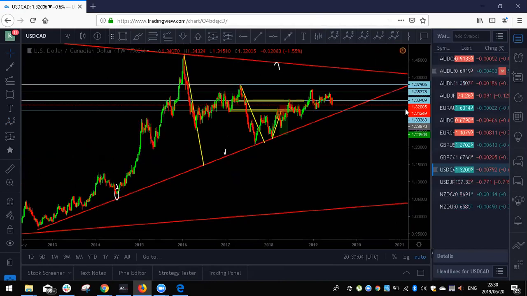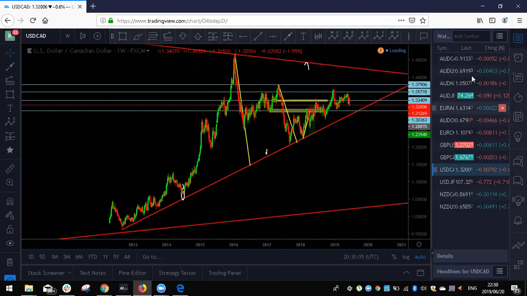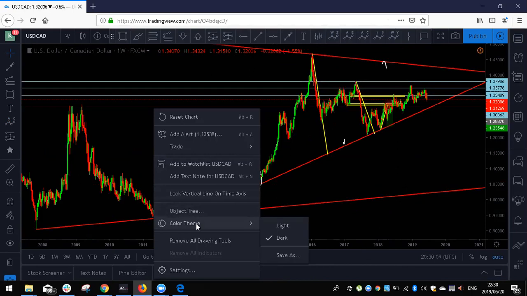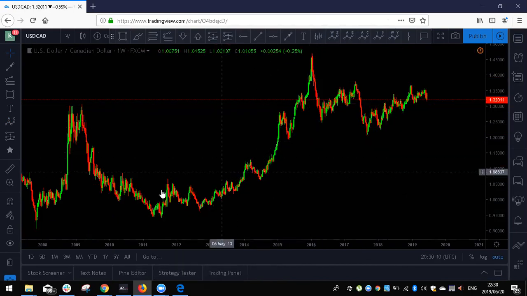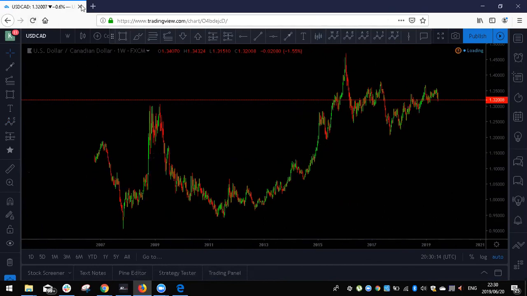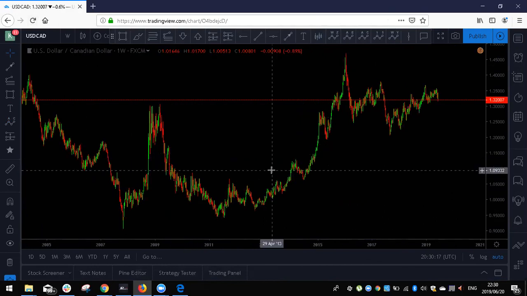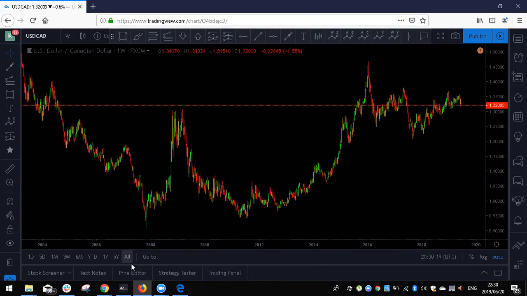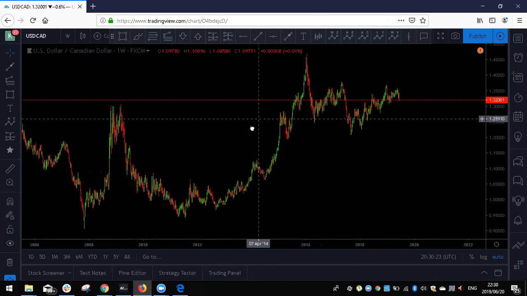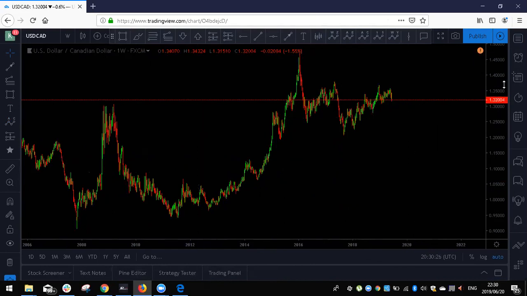Let's see, USD CAD. These are not my original charts. I use Firefox when I'm having a lesson, just so I don't mess up my original charts. So this is another TradingView account.